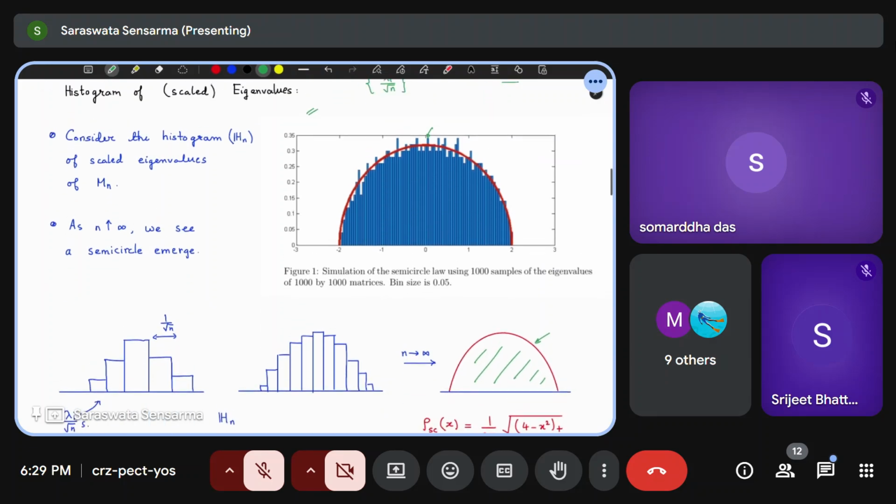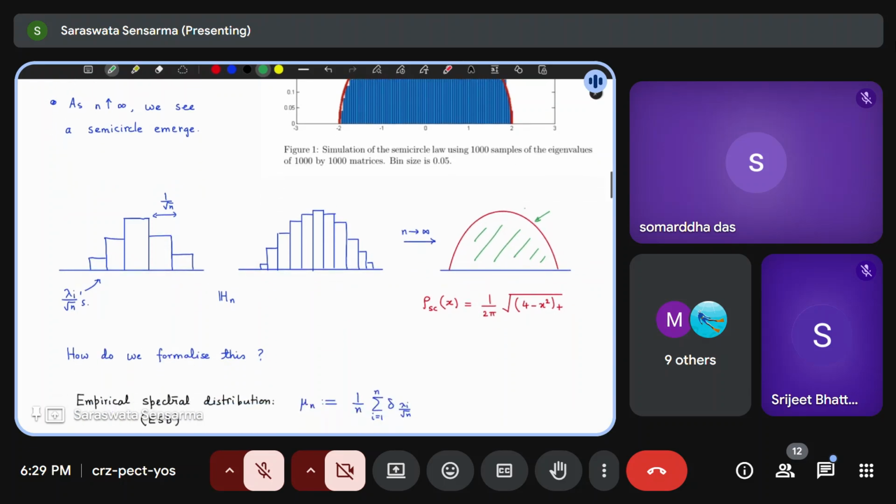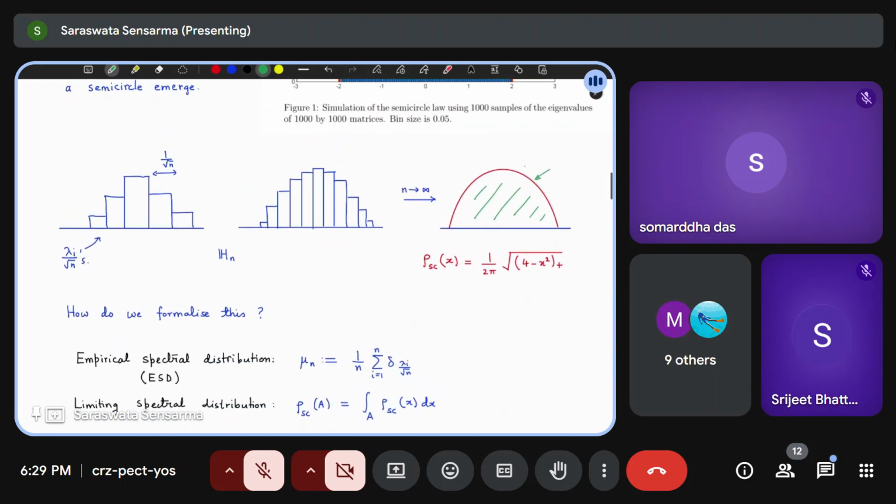So what does it even mean for a sequence of random histograms to converge to a semicircle law? This is where our previous discussions on measure theory come to help us. How do we formalize this? To do that, we set up a couple of definitions.